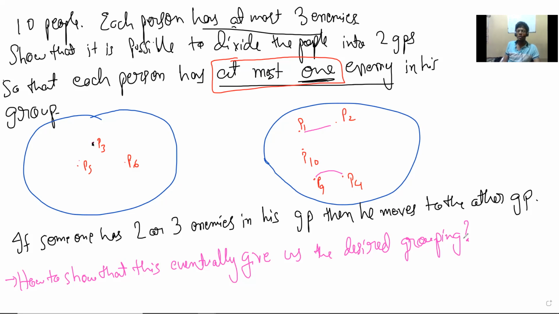But then, so initially, how can you assume that two people don't have any enemies? That's okay. See, if you assume that, then it works. But then it's just like taking 8 people, right? Right. But in general, it has to work.